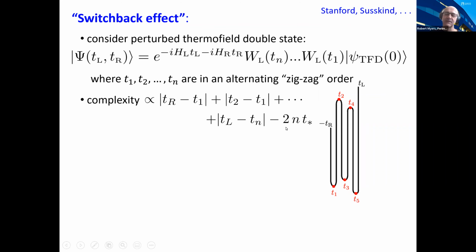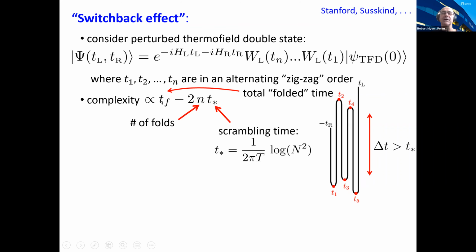So in all, what I have is the total amount of time, and then a subtraction, for each zigzag, of this amount of time, called the scrambling time. Again, the natural scale is the temperature, but it's proportional here to the log of the entropy of the system. Implicitly, I'm also assuming here that the intervals in each of the folds are much, much bigger than this scrambling time. So what's that scrambling time about?